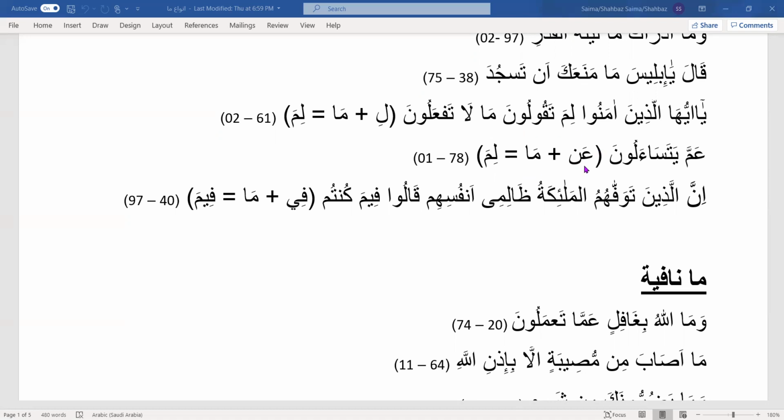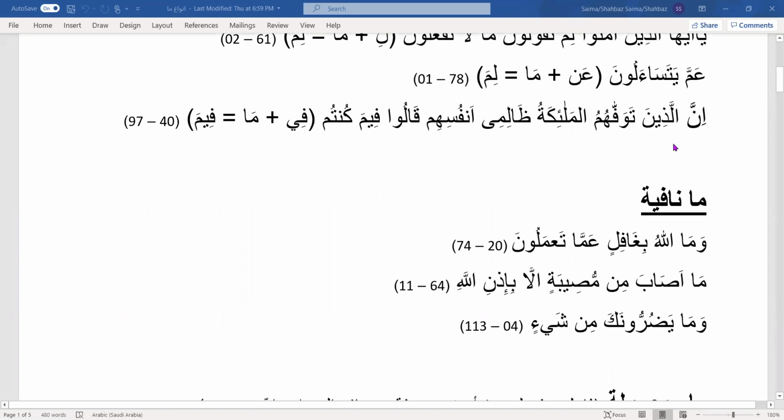So when they combine, it becomes amma. Just focus here instead of this lima. Amma, do you see it lost its alif? So the same thing happened. About what they are asking each other. Tasa'ala, yatasa'alu, yatasa'aluna.